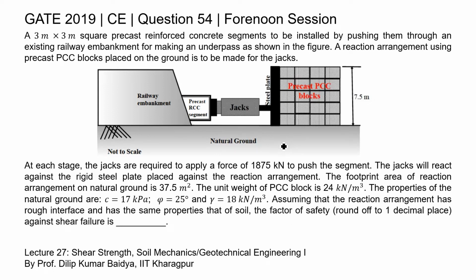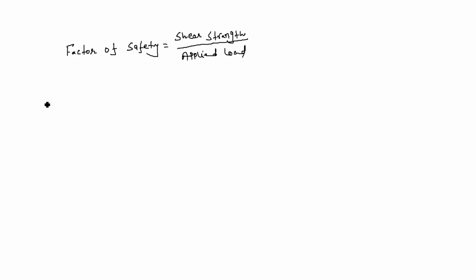So, we can say the factor of safety against the shear failure is equal to shear strength divided by applied load. As we discussed, the shear strength is attributed by two components.